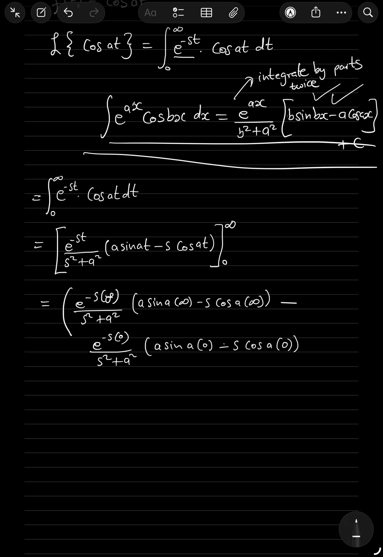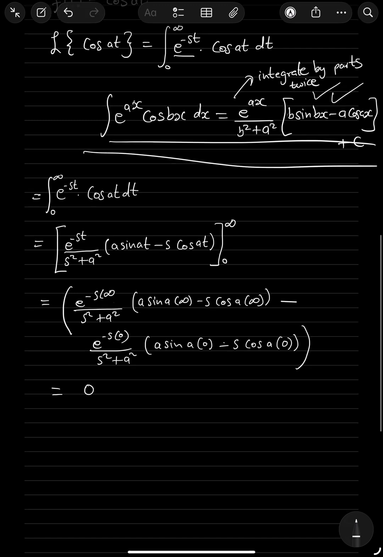Now if you simplify, look at e to the power minus infinity: this will turn to 0, which means 0 multiplied by this is 0. So this entire expression is going to be 0.